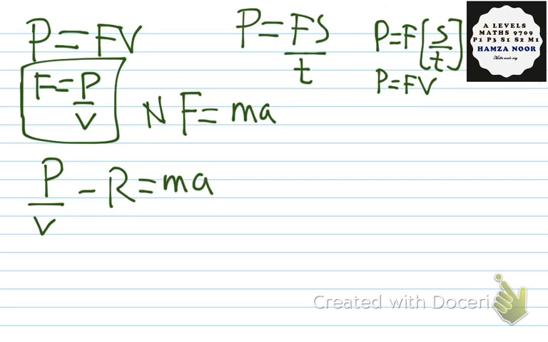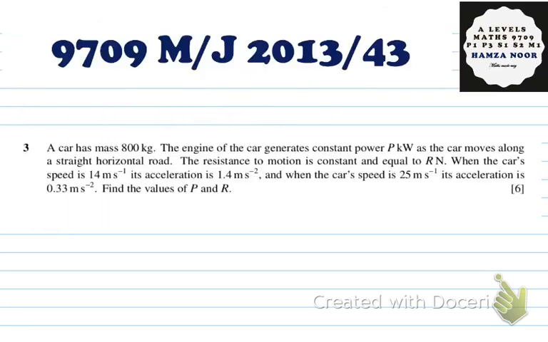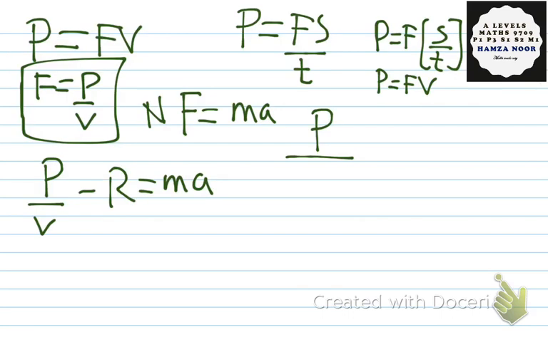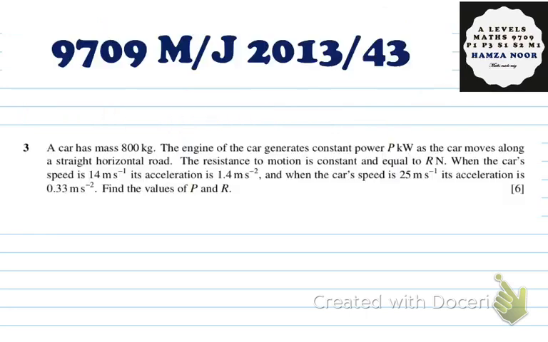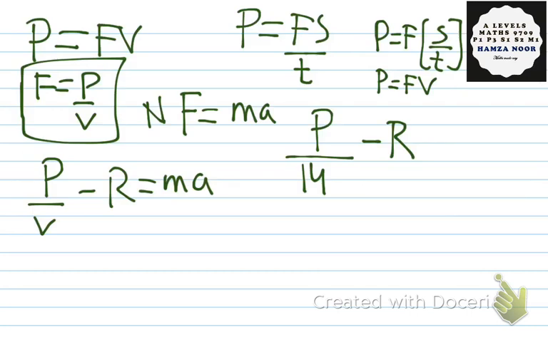We will use this equation. P is unknown, but when the speed is 14 meters per second, the acceleration is 1.4 meters per second squared. So P over 14 minus R, because the resistance to motion is constant and equal to R newtons, so we keep it unknown, is equal to ma.